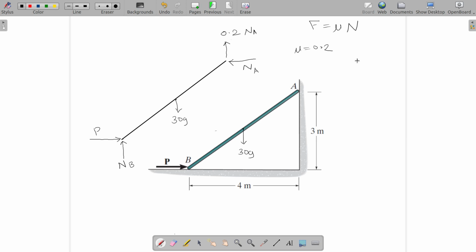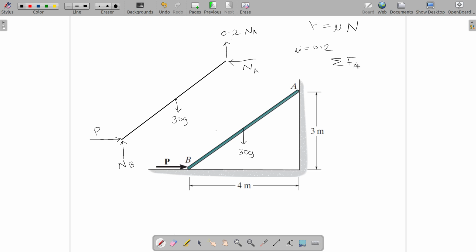What are the three equations? In 2D you have equilibrium equations in x and y direction of forces. So sigma Fx is equal to 0, sigma Fy is equal to 0, and you can also get a moment equation, which will give you a third equation.